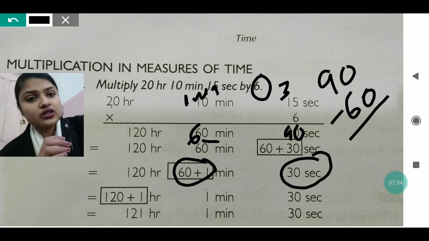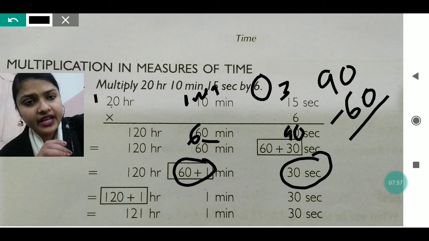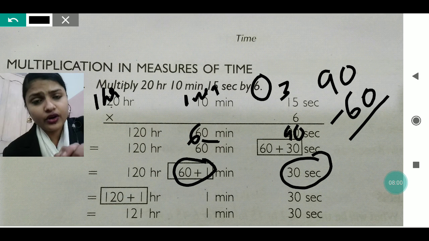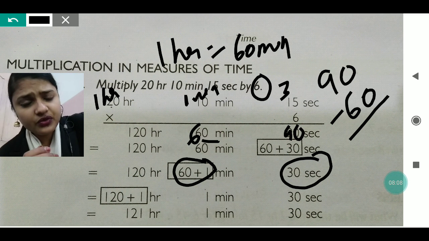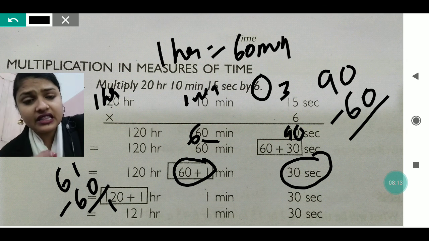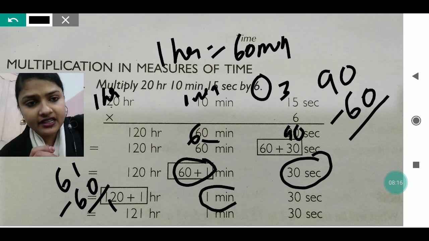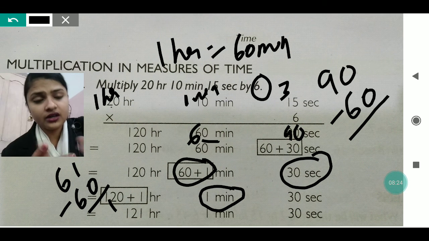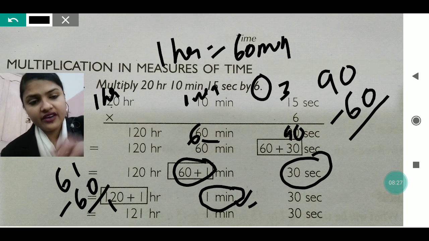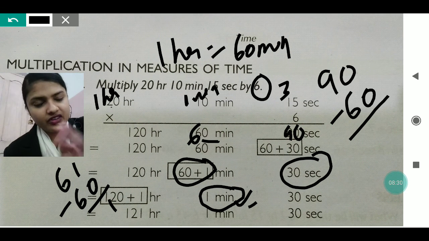Yes, we can, because 1 hour is equal to 60 minutes. We subtract 60 minutes, and the rest which is left over, only that we write in the minute column, and the 60 minutes are converted into 1 hour in the hour column. So you can see only 1 minute is written here, because only 1 is left after taking 60 minutes from 61 minutes.